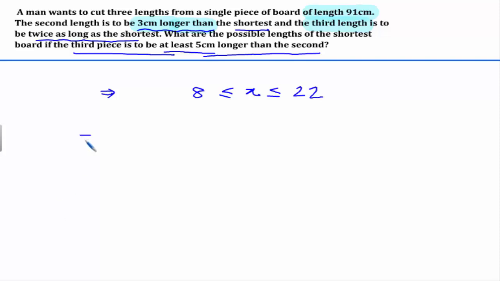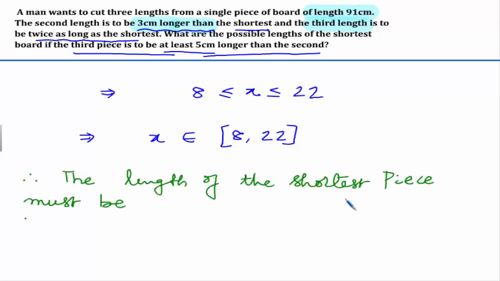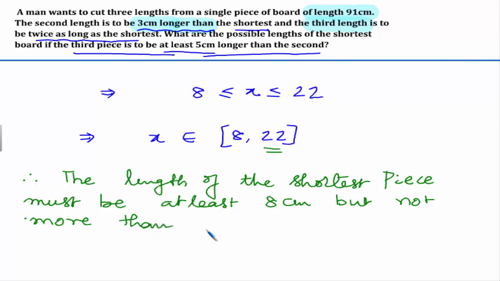So that implies x belongs to the interval [8, 22]. It's a closed interval because 8 and 22 are also included. Now finally, the length of the shortest piece must be at least 8 centimeters, but not more than 22 centimeters.